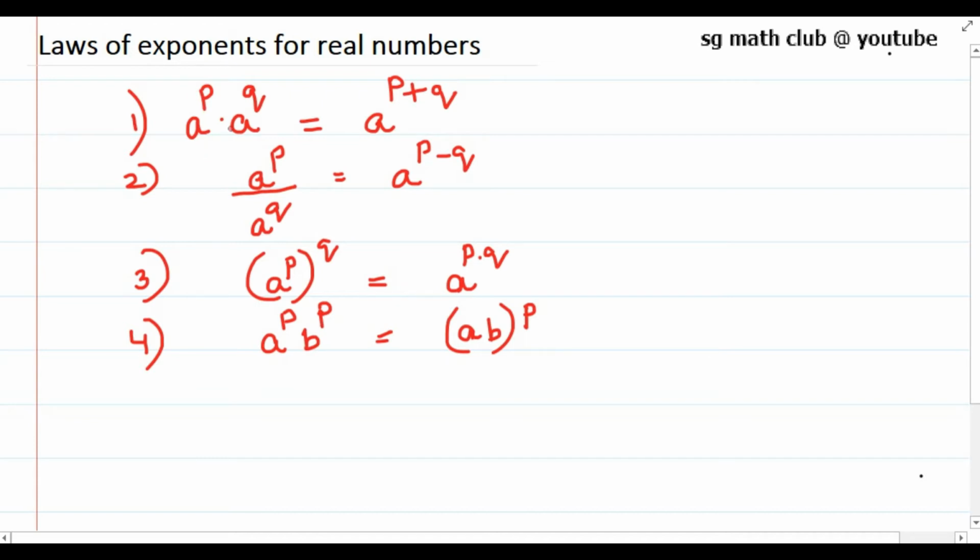a to the power of p into a to the power of q equal to a to the power of p plus q. Here a is greater than 0 and p and q are rational numbers.